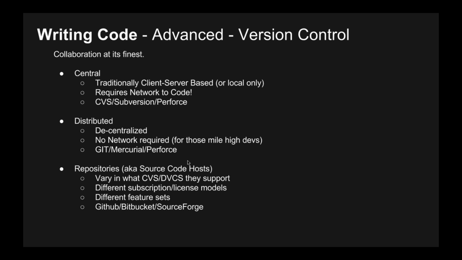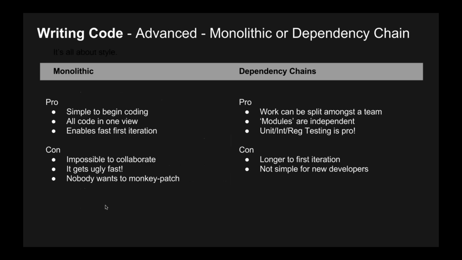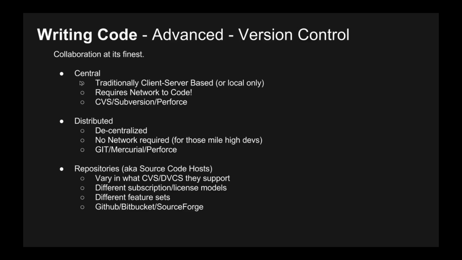Sorry, GitHub blows everything else out of the water down here. So, nope, jumped ahead. So obviously the repositories, you can use whatever you want. A lot of them support multiple types of version control systems. But the big names are GitHub, Bitbucket, SourceForge. SourceForge, I'm not sure if they support Git yet, but I'm sure they'll get there as well.